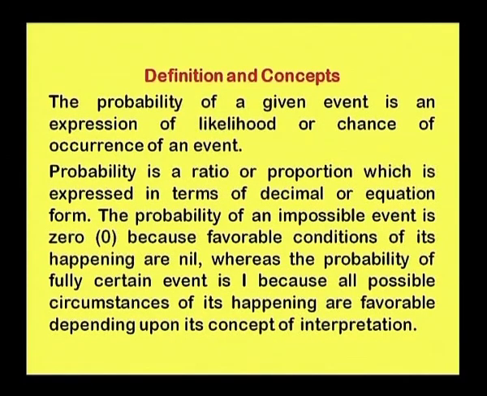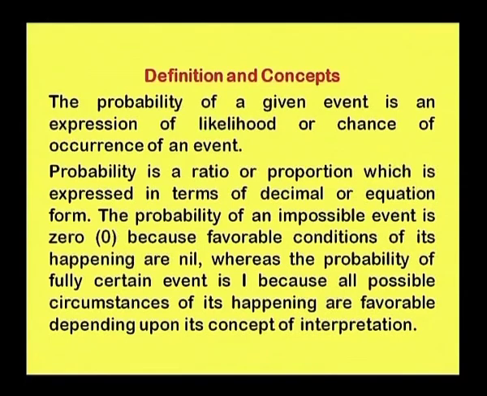The probability of an impossible event is 0 because favorable conditions for its happening are nil. So, whenever the circumstances suggest that the happening of a particular event is nil, then definitely the probability of occurrence of that event will be 0.